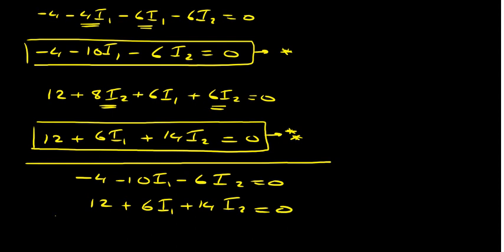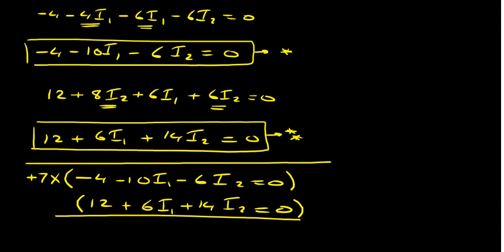To solve this system, I need to decide which one I will be eliminating. Well, I can decide I will be eliminating I2, the second current. To make that possible, let's multiply the top one, the star equation, by a positive 7, and let's multiply the double star equation by 3.